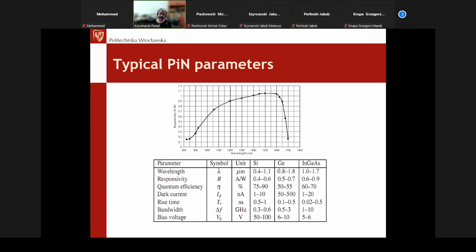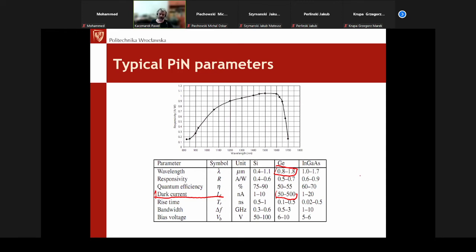As you can see, for telecommunication applications germanium photodetectors could also be useful, but they aren't used because of this important parameter. You can see typical parameters of such photodetectors, and dark current is quite an important parameter, similar to the extinction ratio for the transmitters.